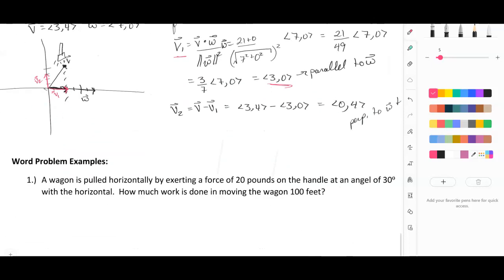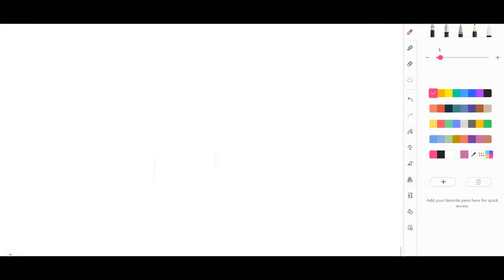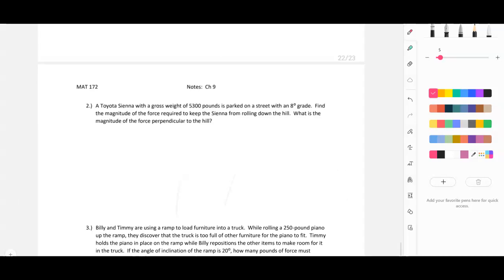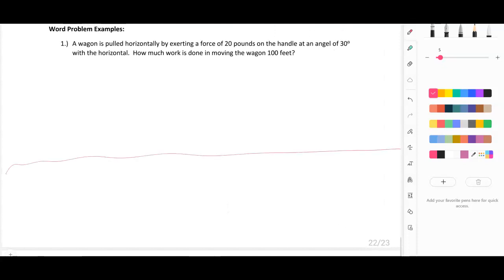So let's do another example. And this is where you may want to pause the video. So I'll write my example down here.